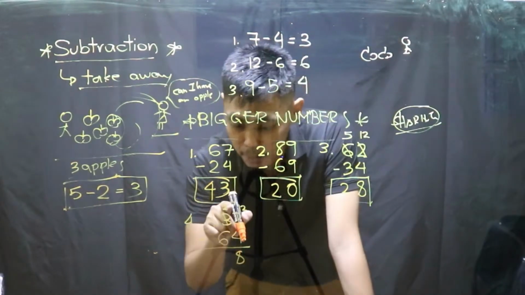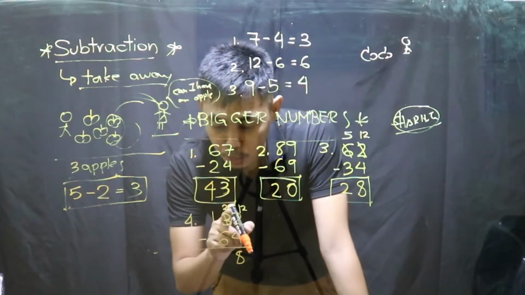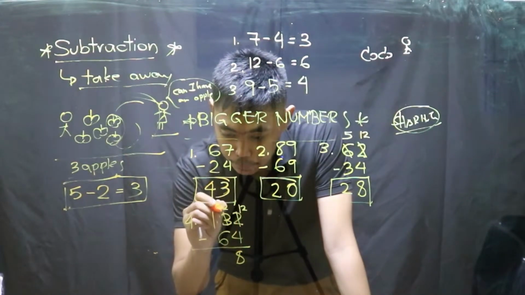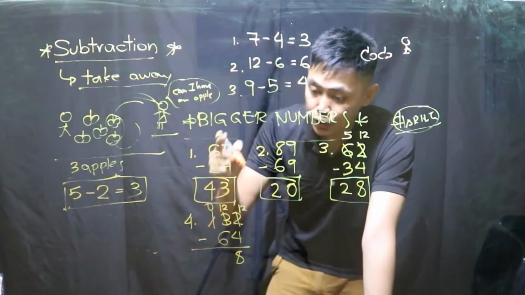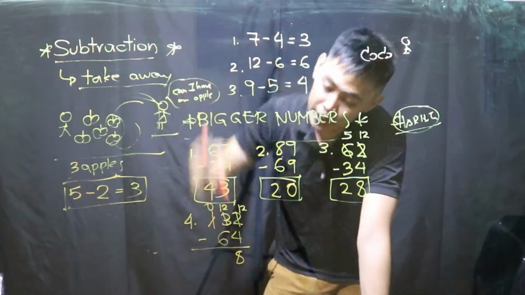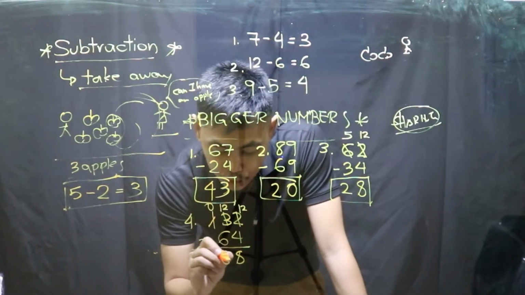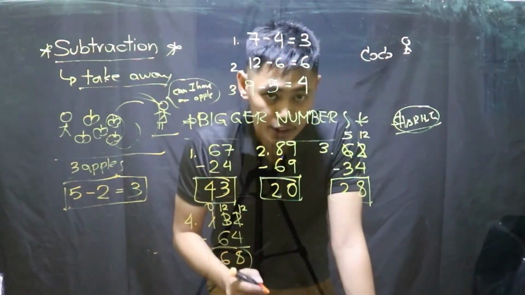Okay. How about 2 minus 6? We cannot still do that. So 2 will ask 1. So 2 will become 12 and 1 will become 0 because we will need to minus 1 on the next number. So 12 minus 6, this is 6. So our answer is 68.